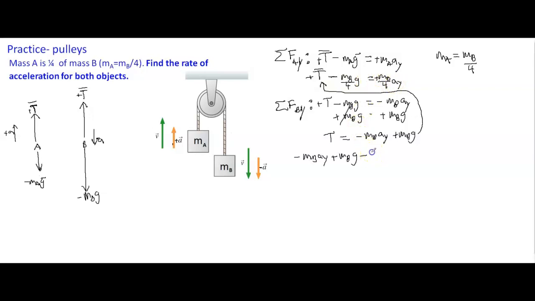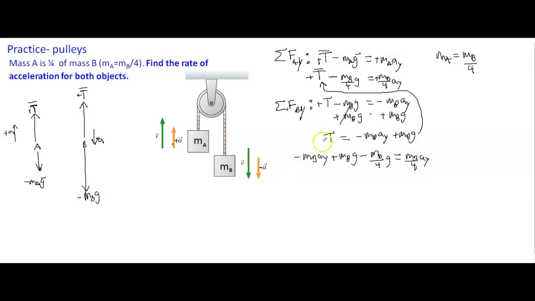And now I'm going to carry on with the rest of the equation. So that is negative MB over 4 G plus MB, whoops, forgot an equal sign. So equals MB over 4 AY.